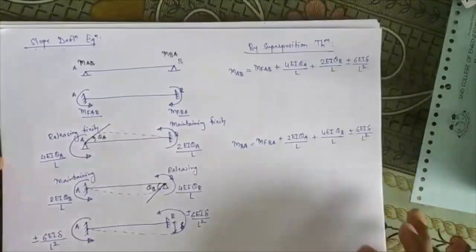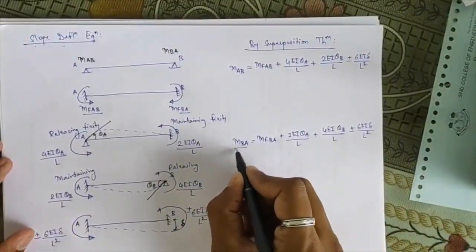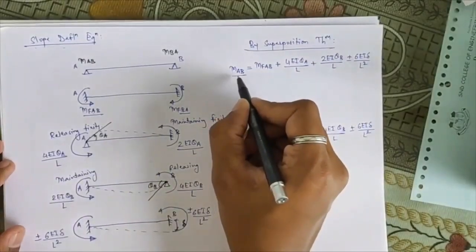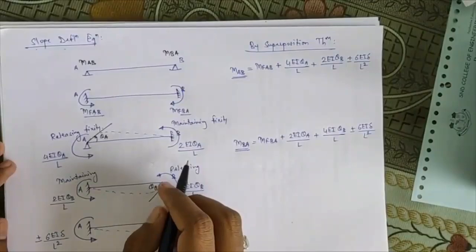This will be your basic equation for joint B, and the earlier one is your basic slope deflection equation for joint A.